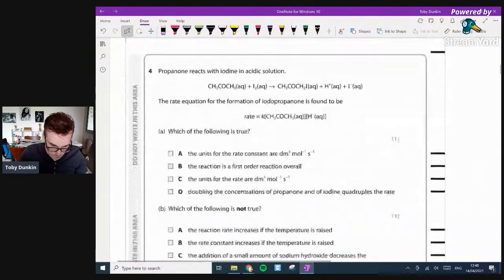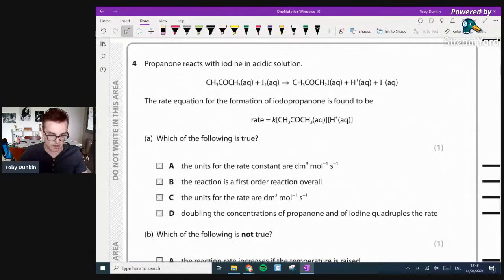Okay, moving on. Okay, so propanone reacts with iodine in acidic solution. Okay, so this is another rates question. By the way, this is actually technically part of rates and is part of an iodine clock process. And you can do this reaction and actually measure the rates directly based on the amount of iodine that's left in the process.